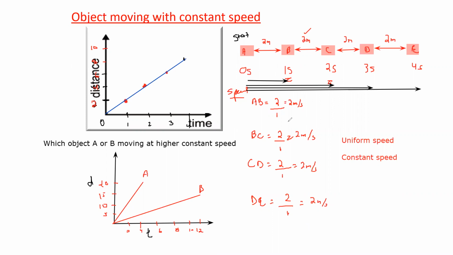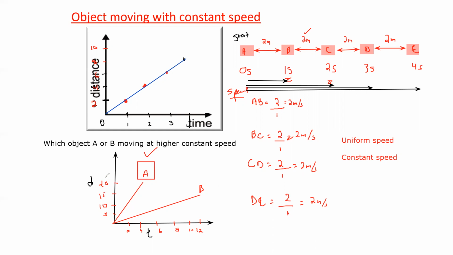So the right answer is A. Why is A the right answer? First thing, A has a steeper slope. Second thing, you can also find the value. How can you find the value of the speed? Speed is distance divided by time. For A, what is the distance traveled?